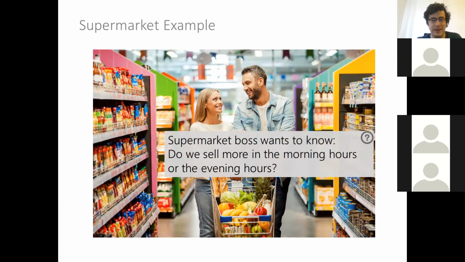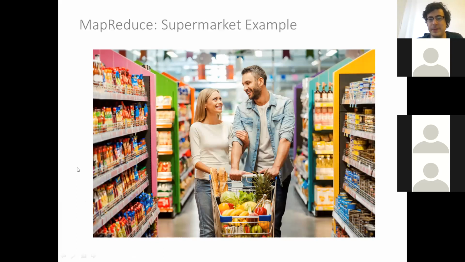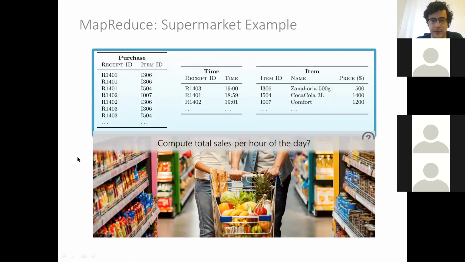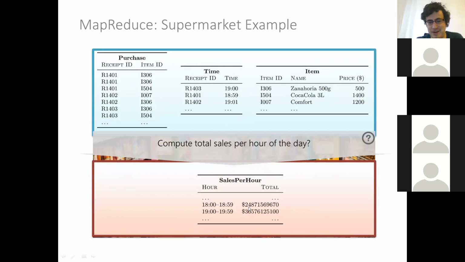Are we selling more coffee in the evening hours? And this sort of information. So what they want essentially is a count of how much of each product is being sold, or a count of the total products that are being sold in the morning hours and the evening hours. So actually in this case, sorry, the example isn't by item, it's just a total count. So it's how much are you selling at each hour in total, right?